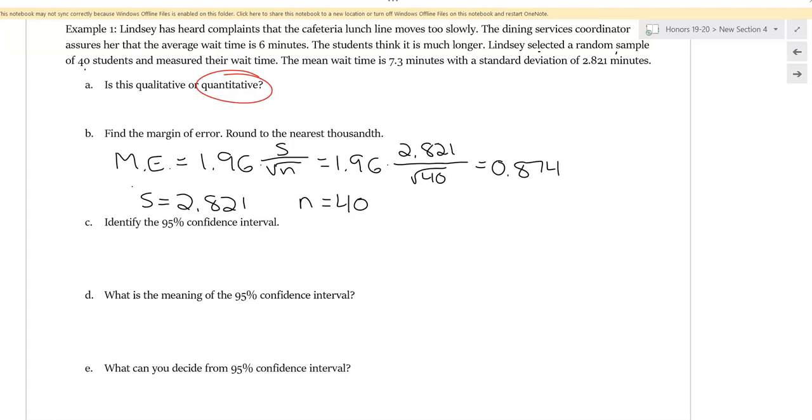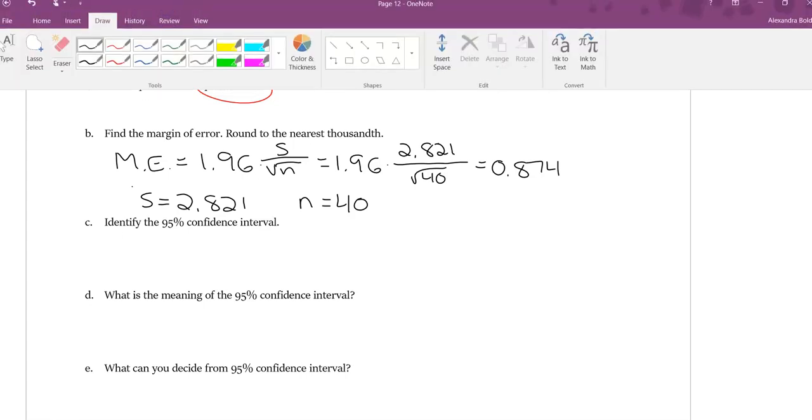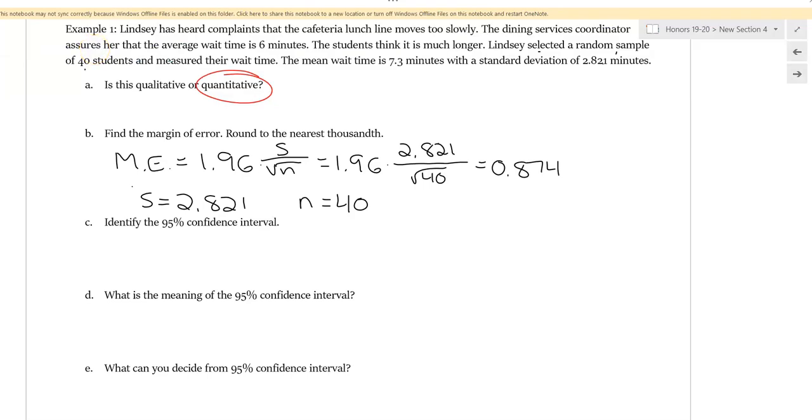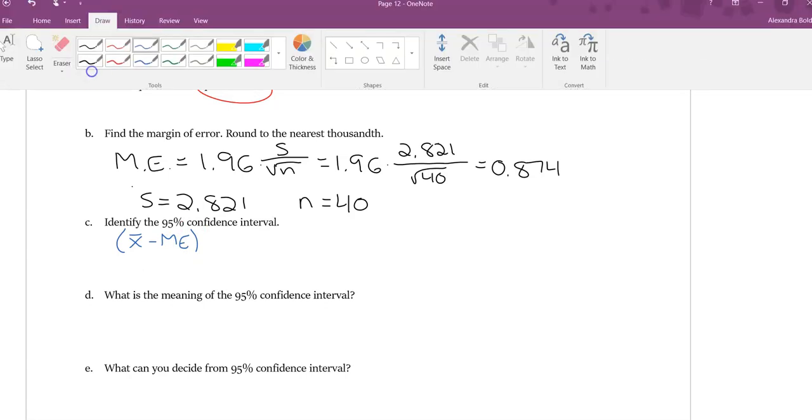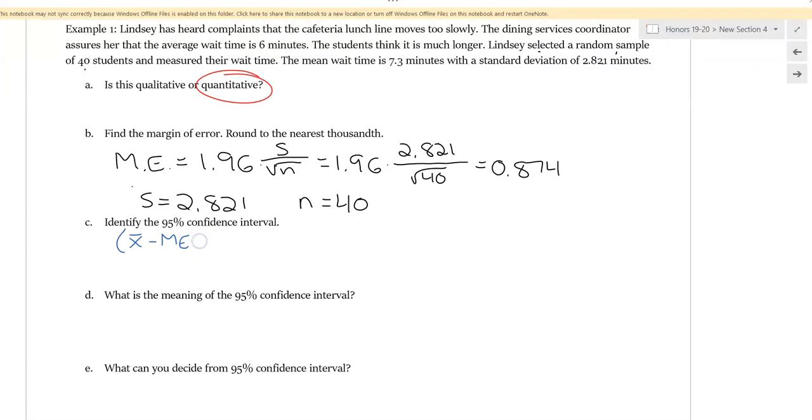Now I want to do the 95% confidence interval. Our confidence interval for a data set is x bar minus your margin of error, then a comma, and then x bar plus your margin of error.